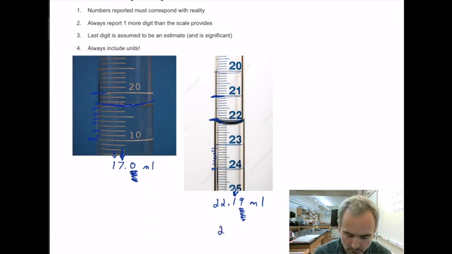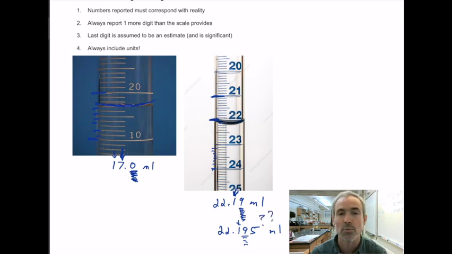What we couldn't do is write the number 22.195, for example, milliliters, okay? Just throwing on numbers for fun. Because, remember, this is what we know for sure. This is an estimate. What's the 5? Well, the 5 doesn't correspond to any reality, so that is a make-believe number.